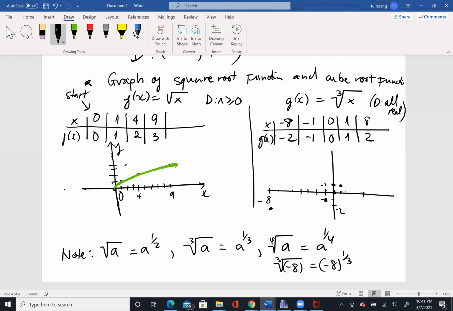Here's 4, here's 8, and here 2. So the line goes like this. This is g of x, and you can see the difference between the cube root and the square root function graphs.